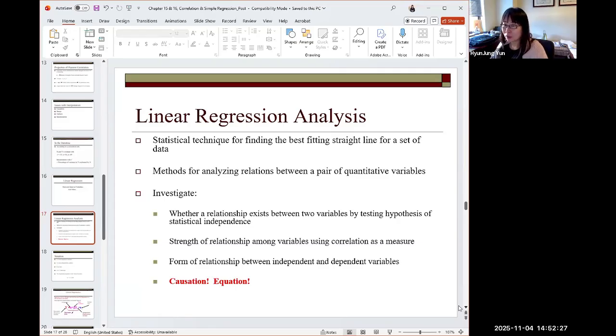Then, beyond the correlation test, what correlation cannot test but the regression model can do is the causal relationship and the equation. That's the beauty of the regression model. So with the regression model, beyond the correlation model, we are now testing based on your hypothesis. Now we know what is the independent variable and what is the dependent variable, so we know the causal relationship.